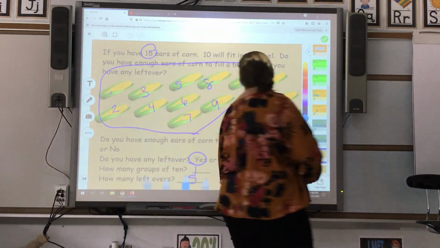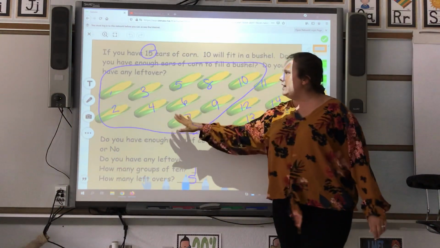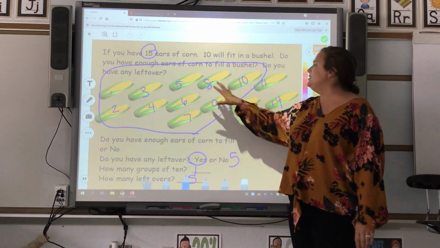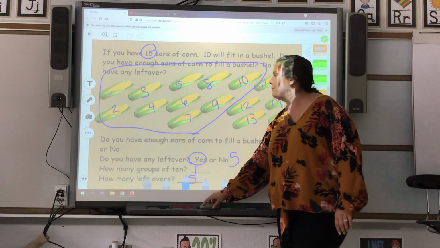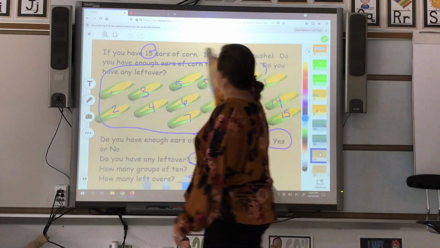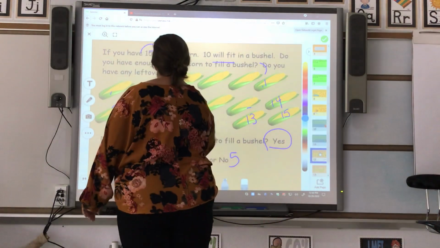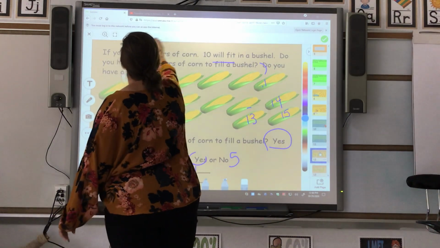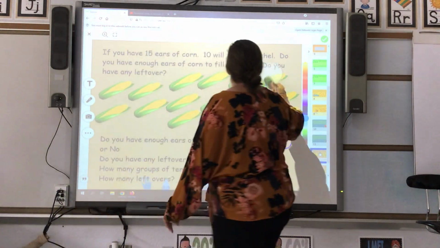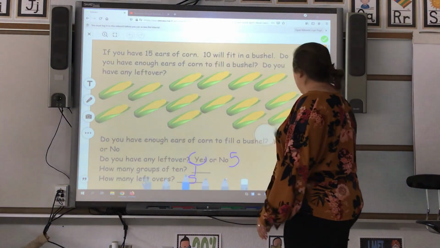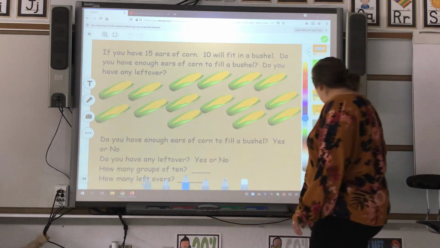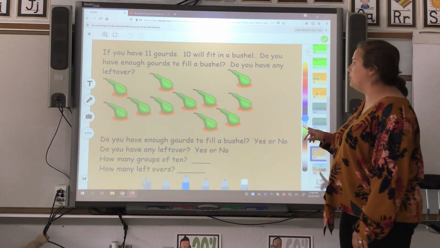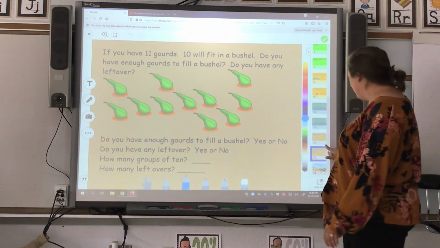Sometimes these problems trick our friends, but guys, you just have to look and take your time to see how much is shown in your picture. Good job, guys. So we also gave you another one of these to look at if you need a little bit extra help. This one has some gourds though. You see those in fall too.